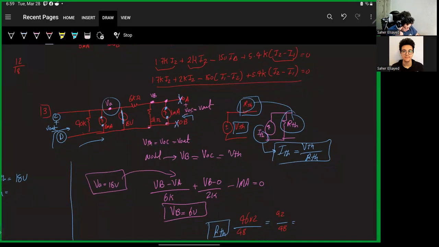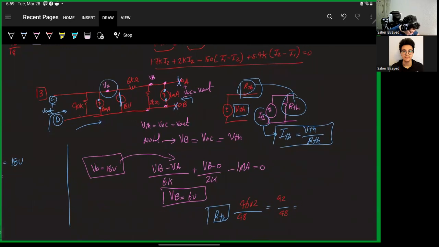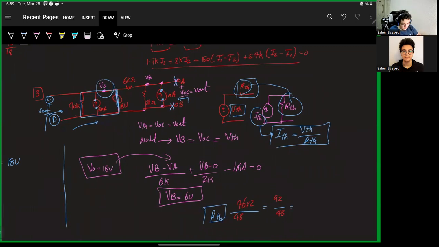Okay, so let me tell you what happened here. I noticed I made a mistake, and that's why I like to draw this more than once, instead of drawing over the lines like I did here. This is a short here. This is shorted, so you have a short between these two, right?